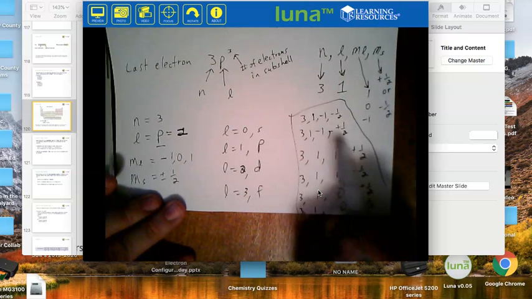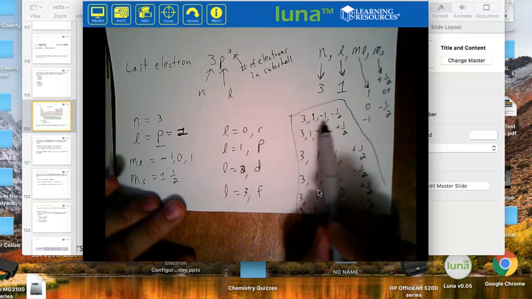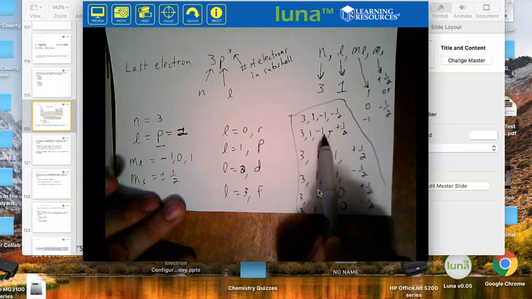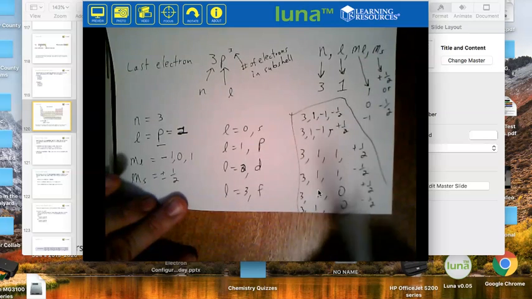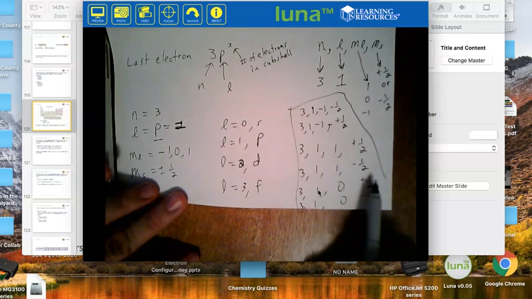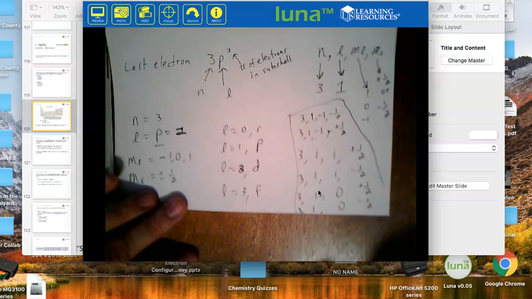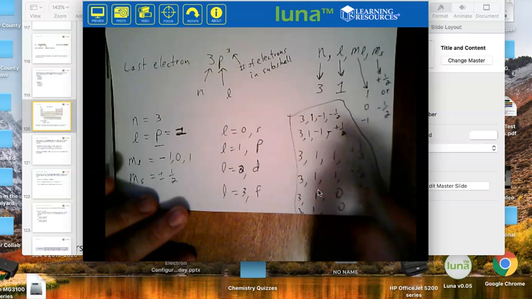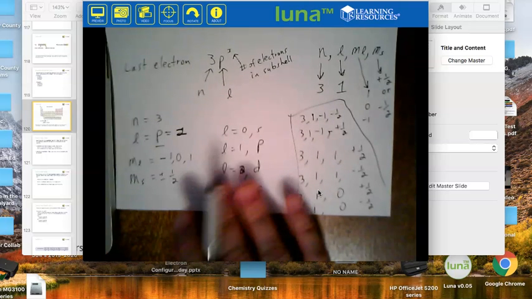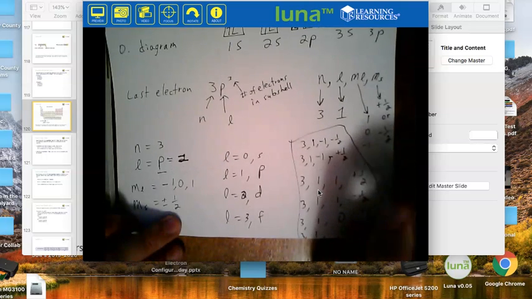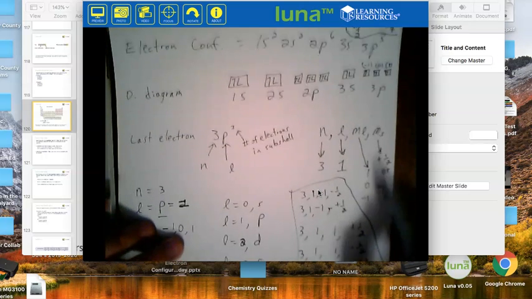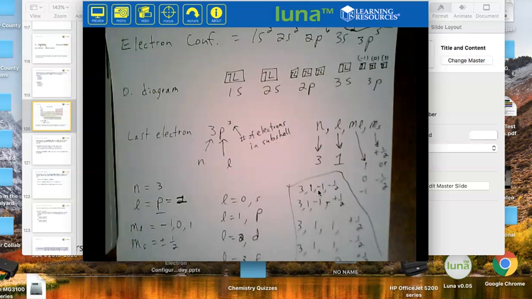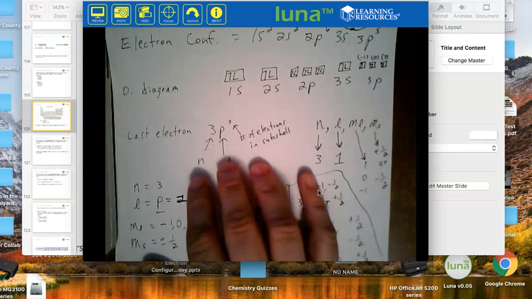So 3, 1, negative 1, negative 1/2; 3, 1, negative 1, positive 1/2; 3, 1, 1, positive 1/2; 3, 1, 1, negative 1/2; 3, 1, 0, positive 1/2; 3, 1, 0, negative 1/2. Those are all the possibilities, and they would all be correct, because you have variation in M sub L depending on which you say is the last electron, and variation in whether you call it positive or negative 1/2. So there's some wiggle room in your answer.